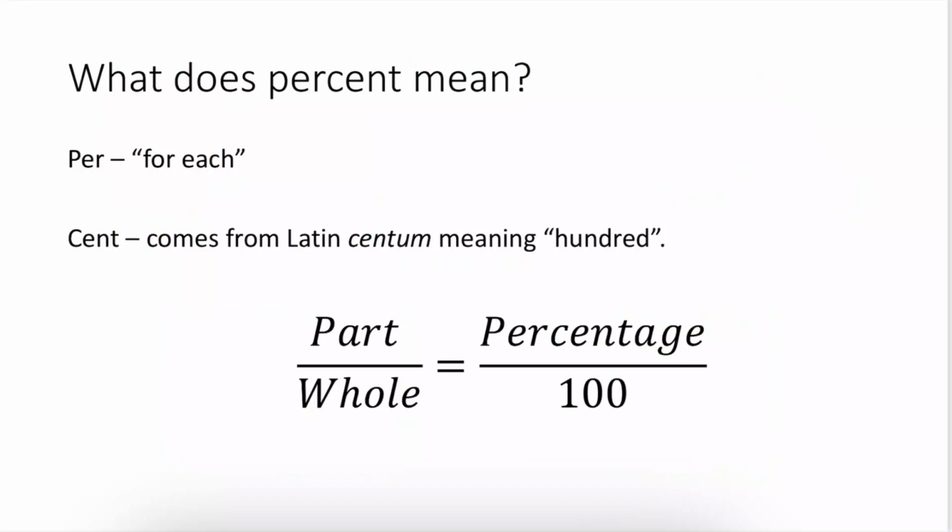And the root word per means for each. Like miles per gallon means that you can go so many miles for each gallon. And so the word percent literally means for every 100. Whenever you're solving a percentage problem, you're basically trying to find an equivalent fraction to your percentage over 100.